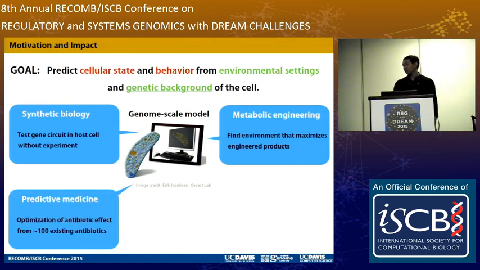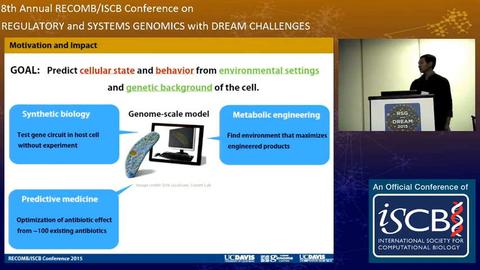Even in predictive medicine, for example, we have more than 100 existing antibiotics, and their effect can be stronger by combining multiple antibiotics. The question is how we are going to know the best combination without spending too much experimental cost and time.